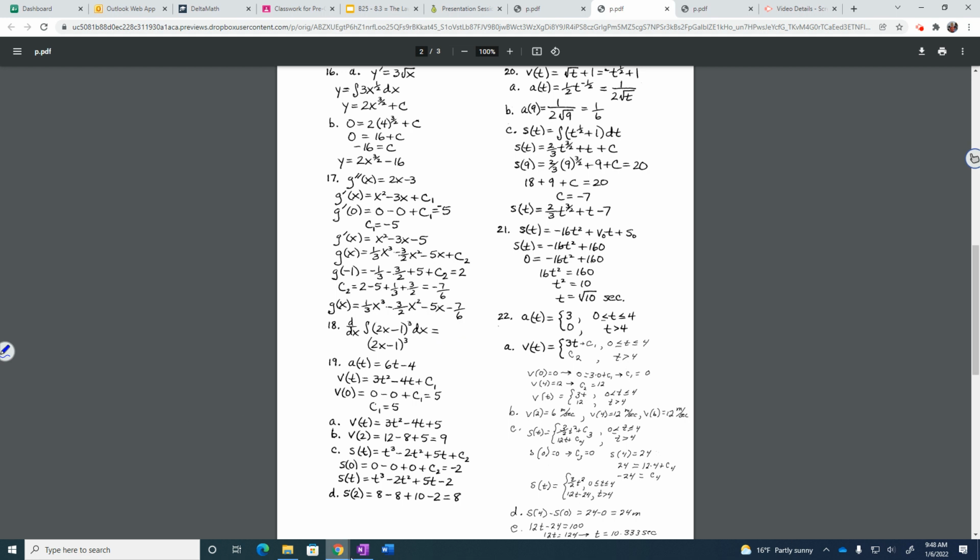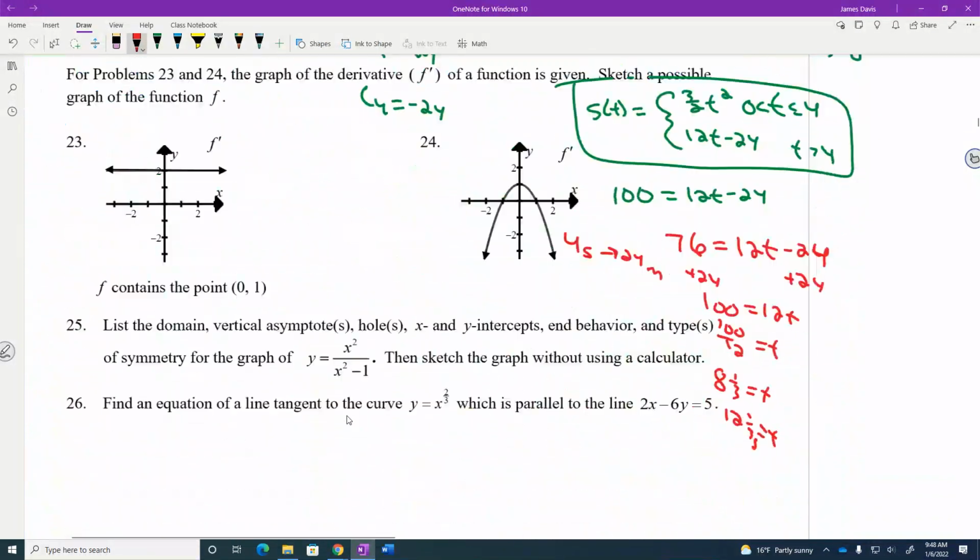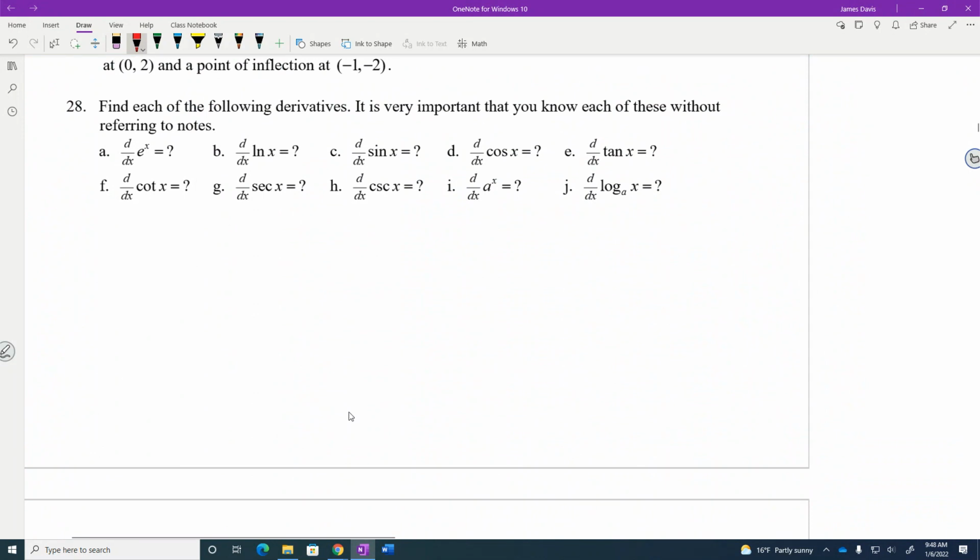Before we start the next section, it's very short. It's just more integration, but I have a little challenge for you. At the end of these problems, on number 28, you're asked to find each of these derivatives without looking them up. It is very important that you know each of these without referring to notes.